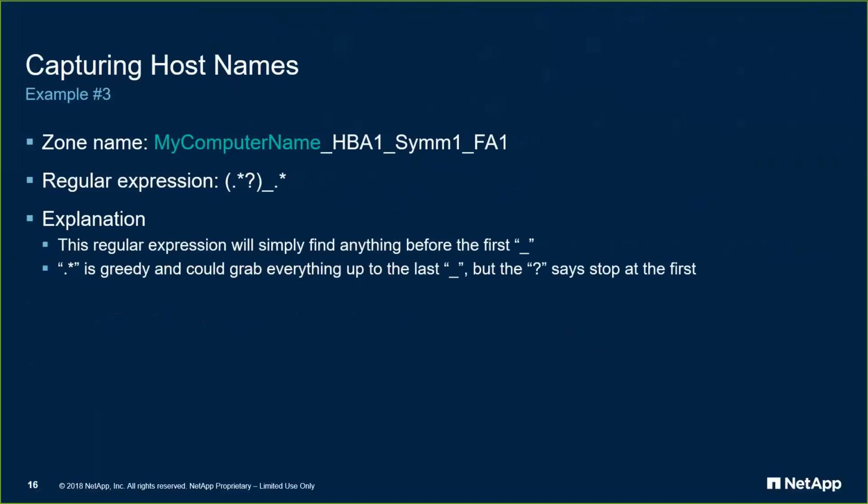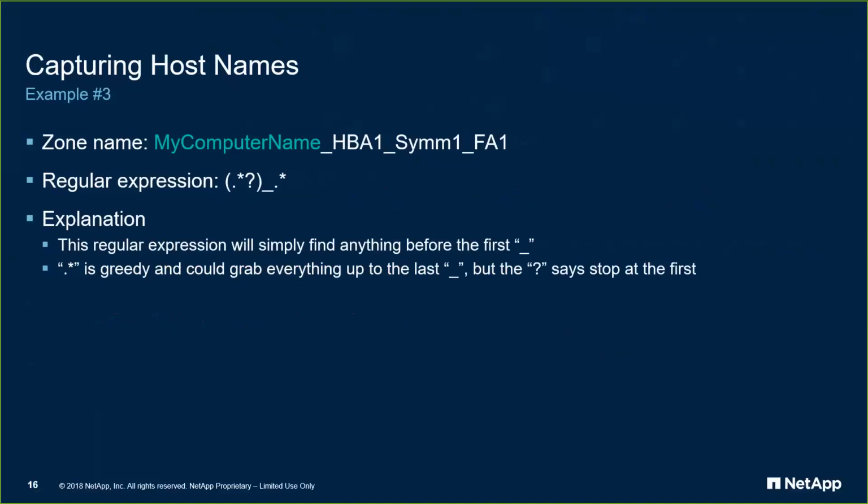We've got my computer name followed by a string that is identifying HBAs, storage arrays, and such. In this case, we want the physical host. So parentheses, again, indicate that the first pattern we match here is what we're actually looking to extract. Now, the period asterisk matches any character, any number of times.